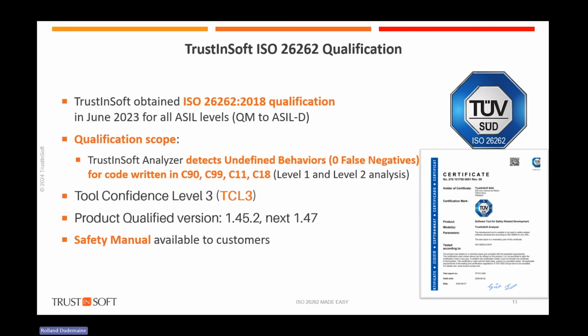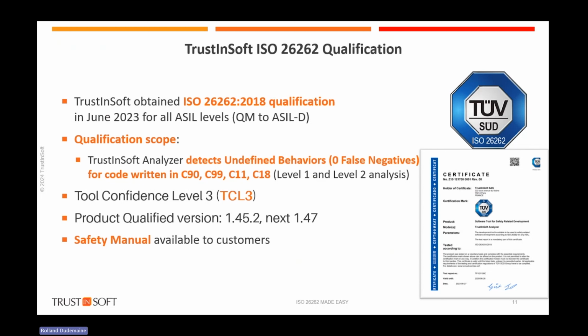We're talking about ISO 26262 in this webinar, so it's important that the tool is ready for use, and it is. We have already qualified the tool so that it can be used for all ASIL levels and at the level TCL3. TCL3 is the highest level.